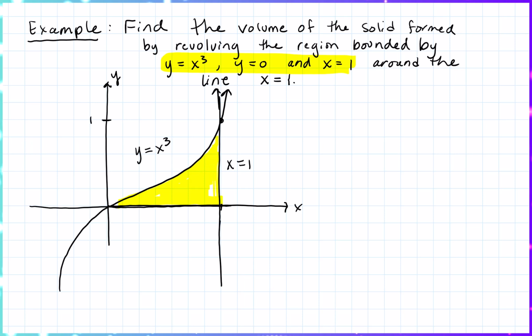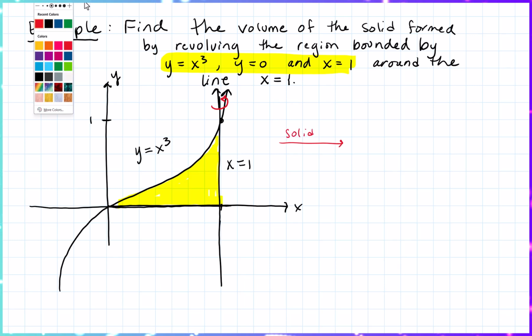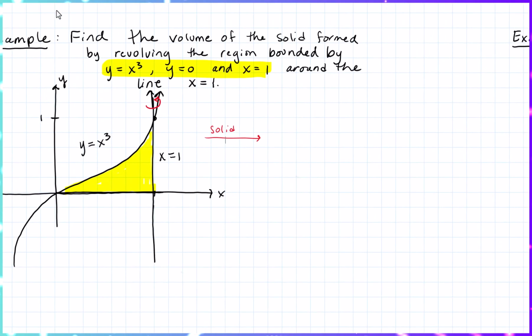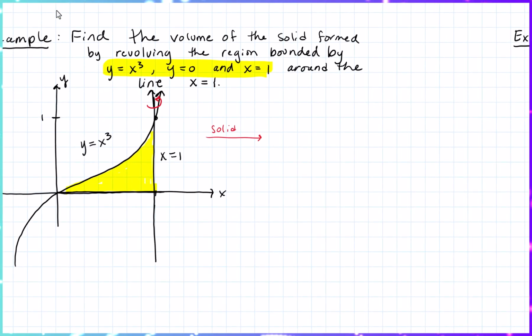So there's the region that we're looking at, and we want to revolve that about the line x equals 1. So we're actually revolving it around one of the bounds. We're going to revolve it around that vertical line x equals 1. So what would that solid look like? Now let's take that and sketch the solid. We're going to take that little region and revolve it.